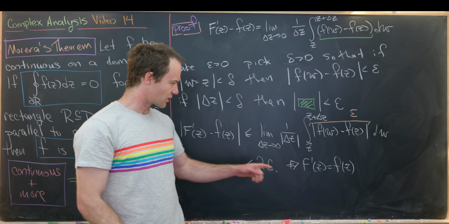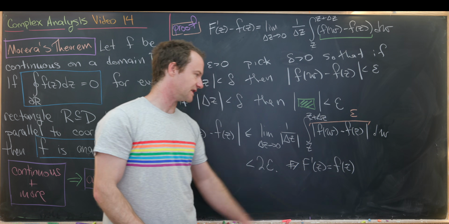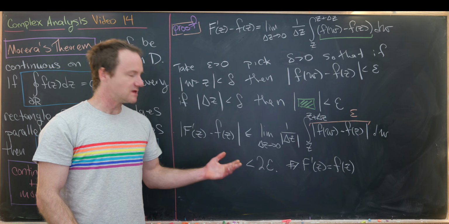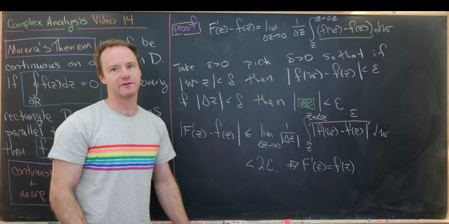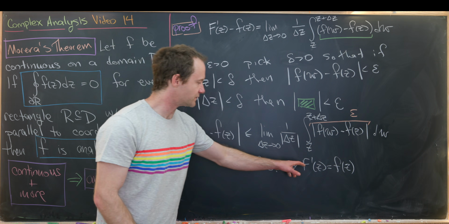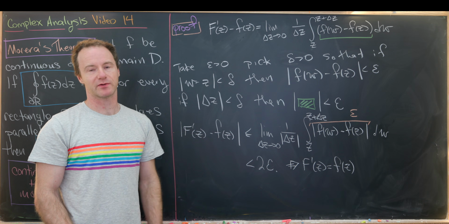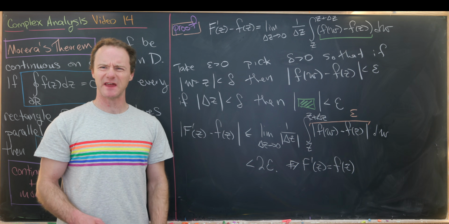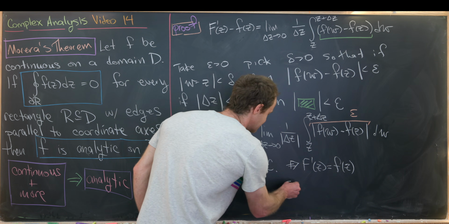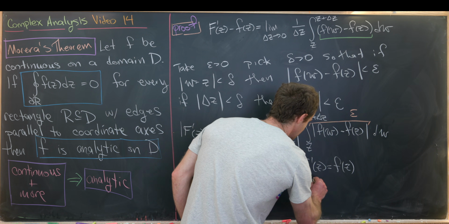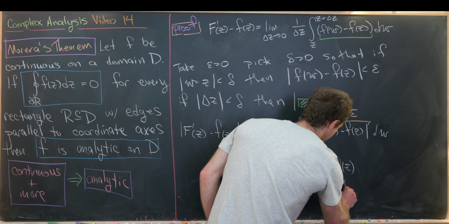But now let's recall that F prime of z being equal to f of z means that F prime is itself continuous because little f of z was continuous. So not only does the derivative of capital F exist, but it's continuous. But that's exactly the definition of it being analytic. So that means that capital F is analytic.